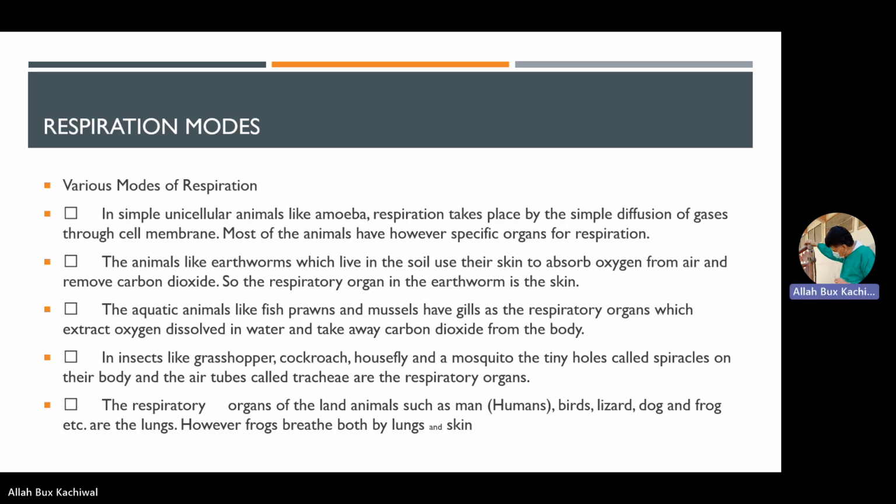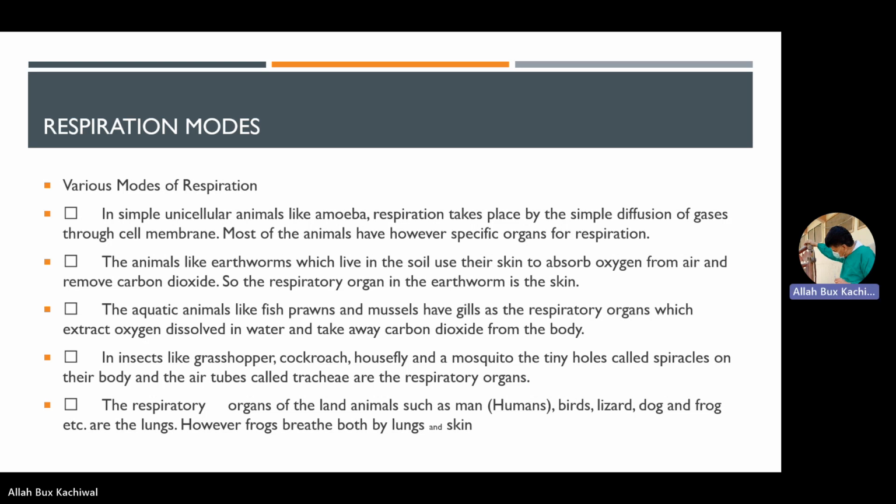The aquatic animals like fish, prawn, or mussels have gills as the respiratory organs, which extract the oxygen dissolved in water and take away carbon dioxide from the body.